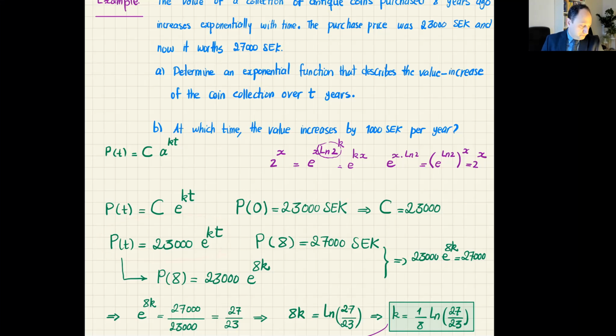I recommend, for example, that you solve the same problem, but take A to be 2. Okay, for example, or if you want, take it to be 3 or any other number. And do the calculations and see that the answer, for example, to part B would be exactly the same number.